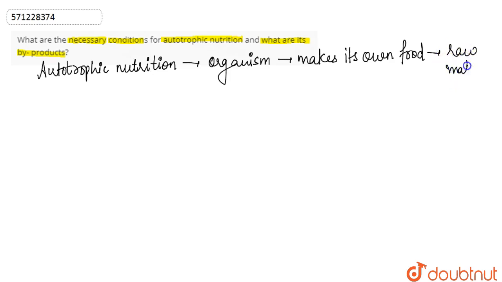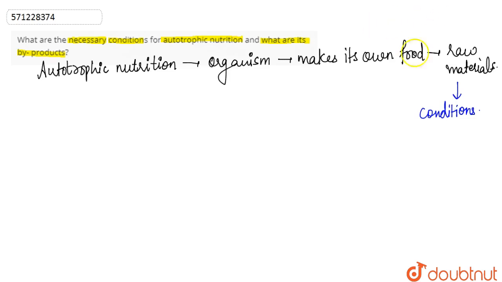These raw materials are basically the required conditions for the preparation of food by the organism on its own.